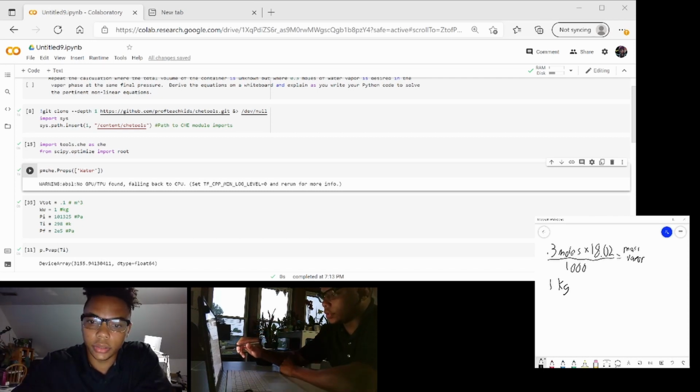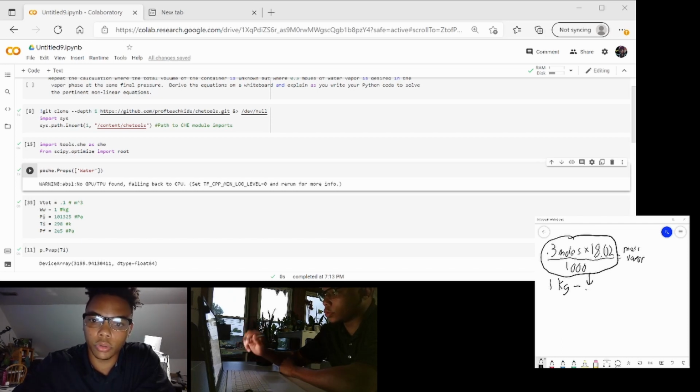And we need to have 0.3 moles of it gone from our 1 kilogram.